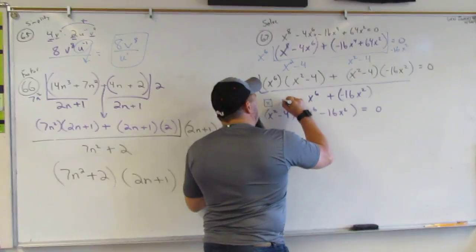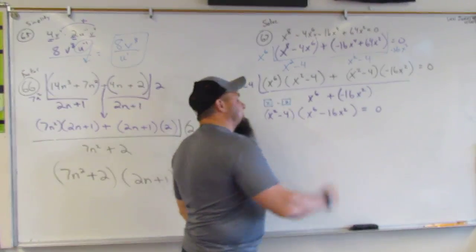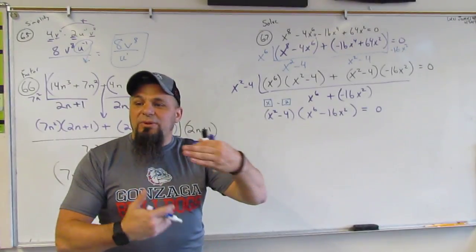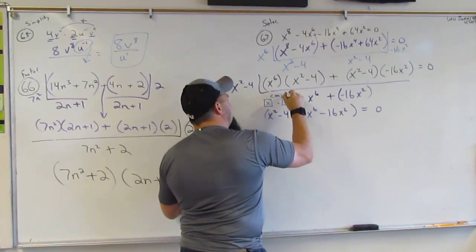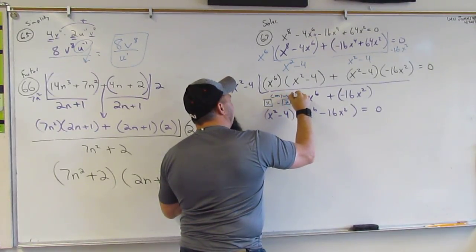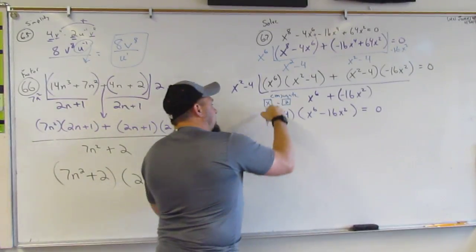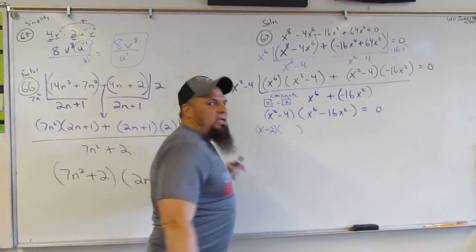So it's a square of 2's, and it's a difference of squares. And so we're going to write it with the conjugate. Remember? You remember what a conjugate is? If I write x minus 2, what's the conjugate?